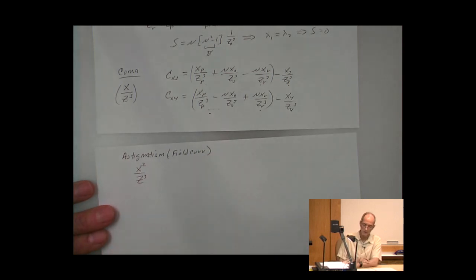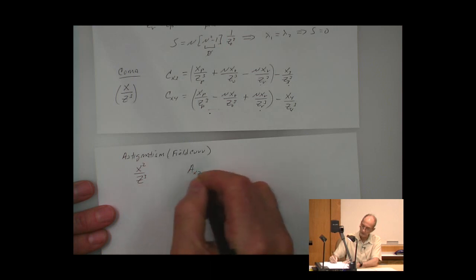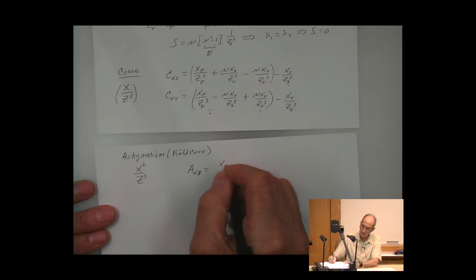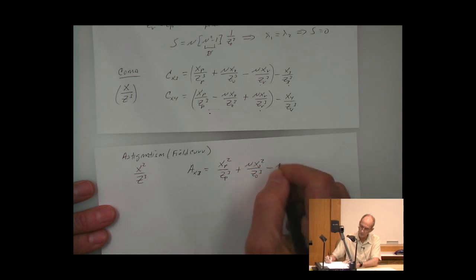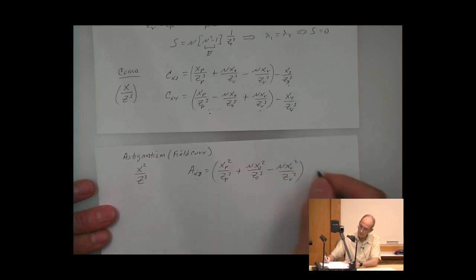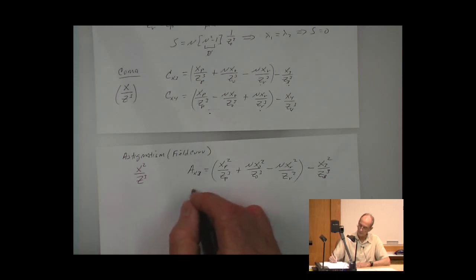And I won't write all of these out in the notes, but the functional form here, say for AX3, is equal to xp squared over zp cubed plus mu xo squared over zo cubed minus mu xr squared over zr cubed, and again minus x3 squared over z3 cubed. Okay. So the other terms are similar, as are the F terms.